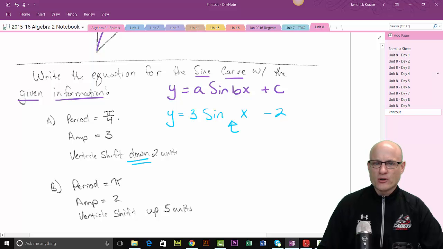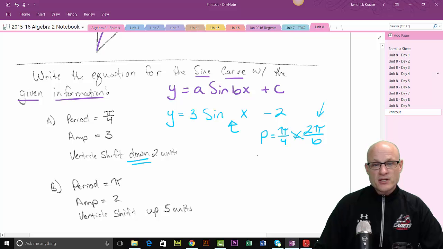Well, it's not pi over 4. So wait a second. Period is equal to pi over 4, right? But isn't the formula 2 pi over b? Isn't that the formula for period? So if period is equal to pi over 4, and I know the formula is 2 pi over b, I can use this formula to find b.